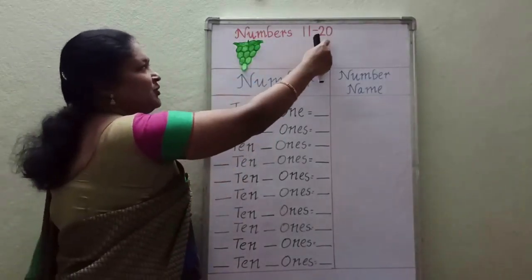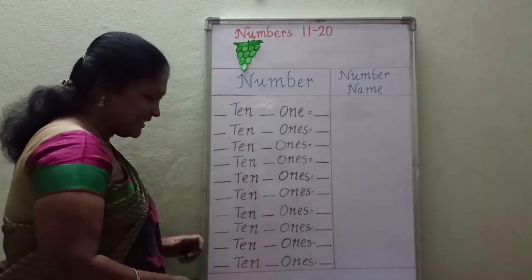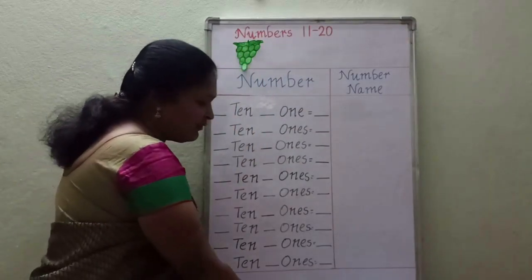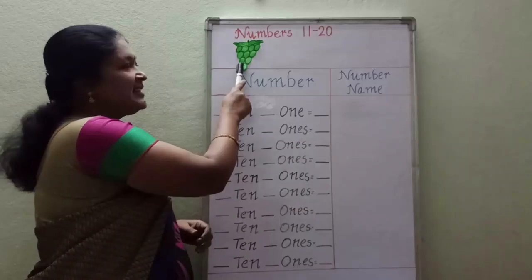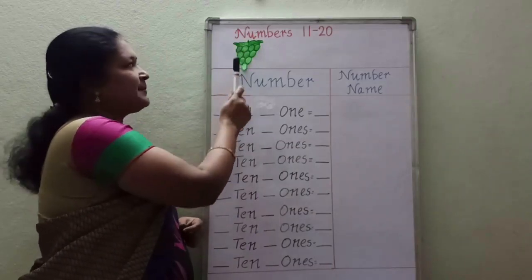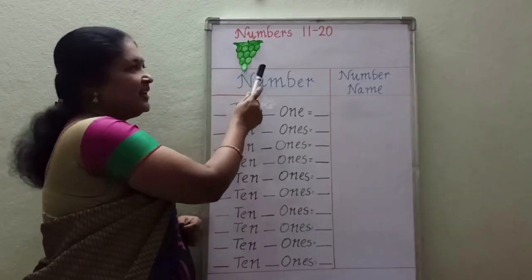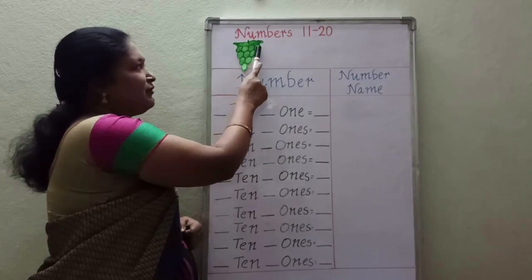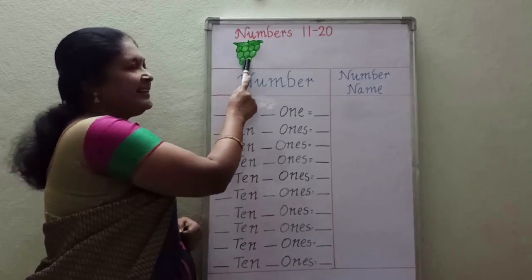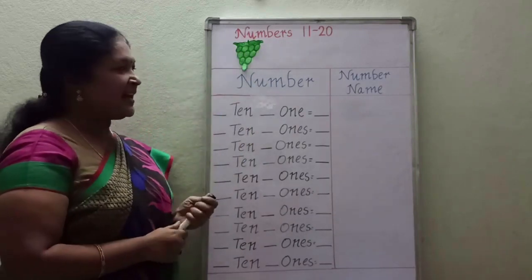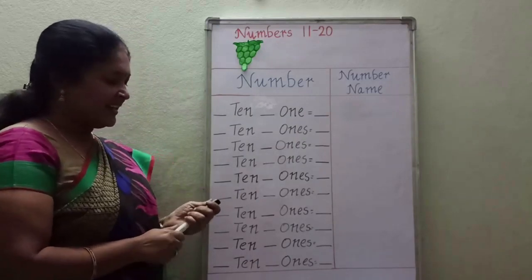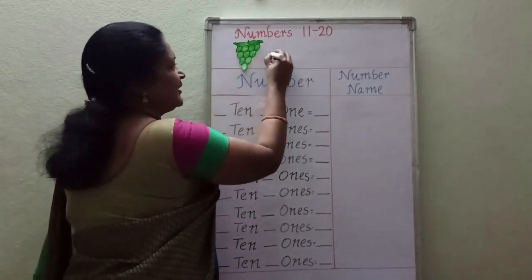So 11 to 20. So here what is this, children? A bunch of grapes. How many grapes are there here? 1, 2, 3, 4, 5, 6, 7, 8, 9, 10. So in a bunch of grapes, 10 are there.